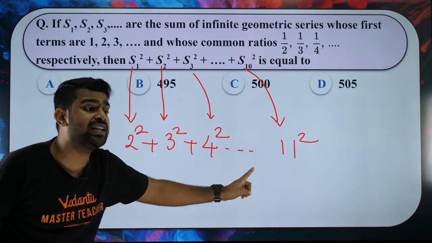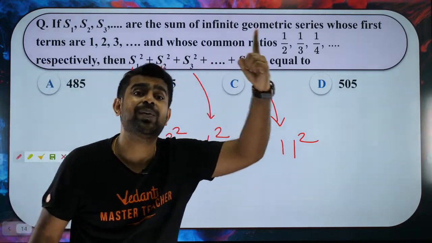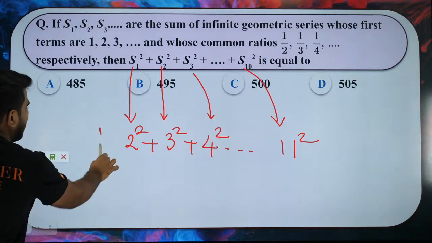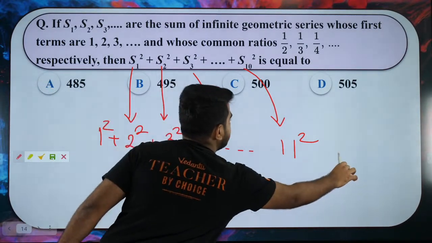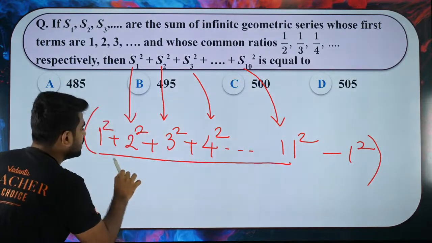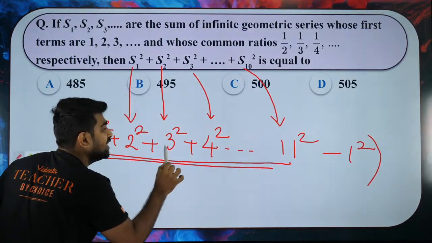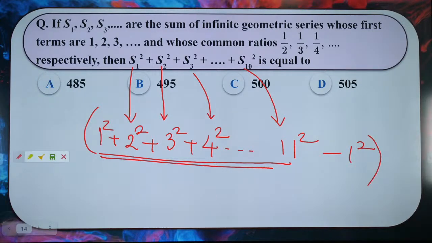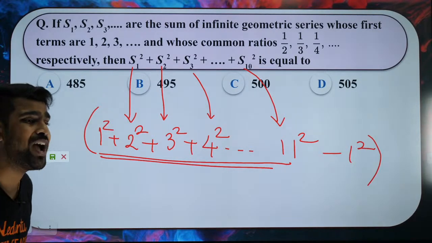You can either count it or you can use the sequence and series formula. What is missing? 1 square is missing. So I'll add 1 square and I will subtract 1 square, so as to complete the formula. Now I can use the formula for the sum of first 11 squares of natural numbers.